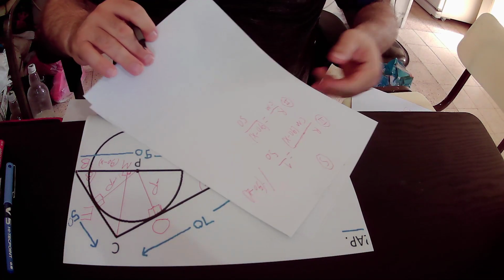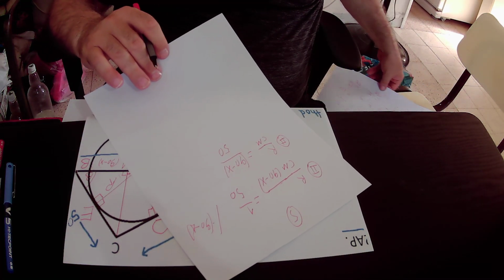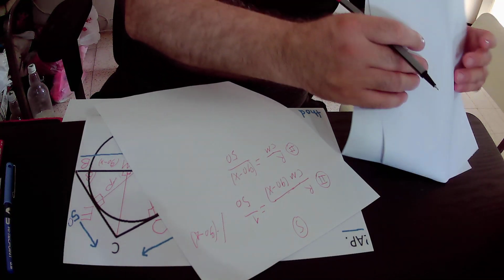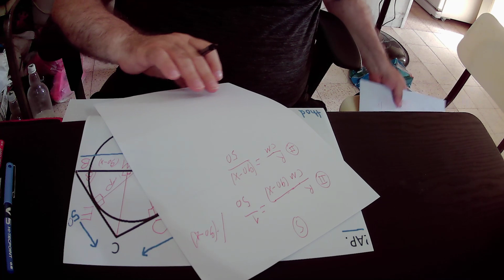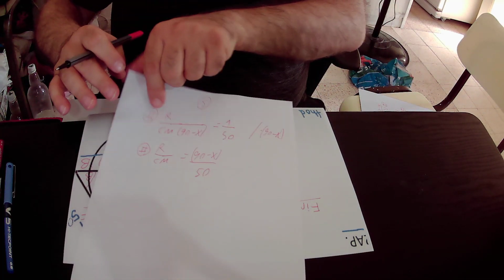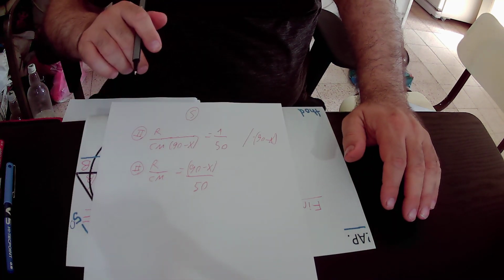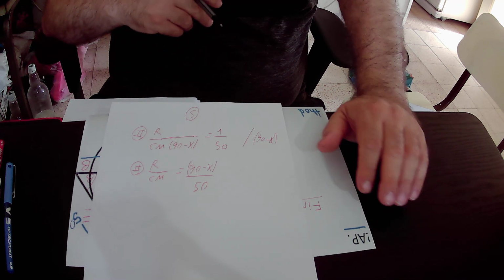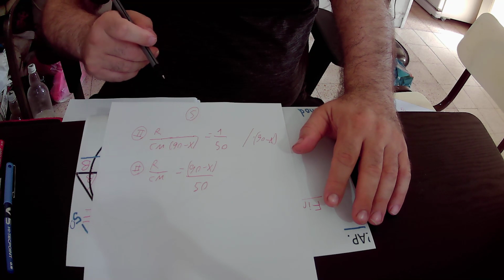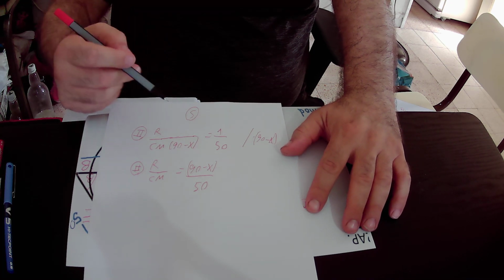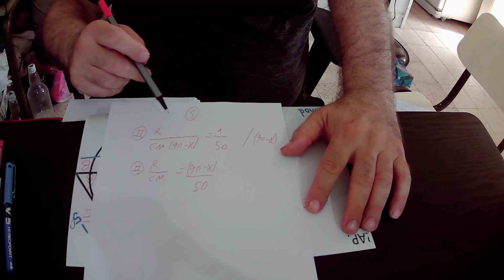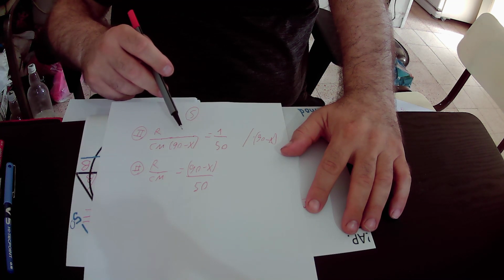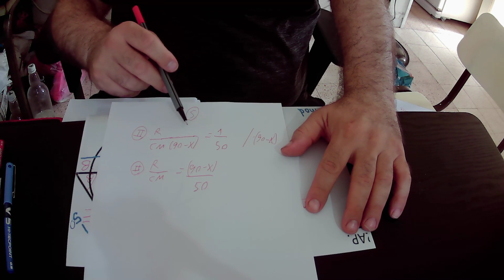So we multiply both sides of the equation by 90 minus 6. Here we have actually R over CM divided by 90 minus 6 times 90 minus 6.